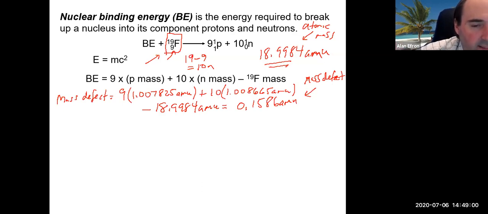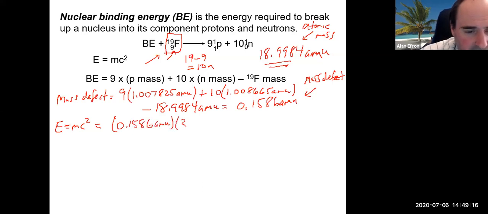So if we wanted to calculate the binding energy, we could take E is equal to mc squared. If we want to do Einstein's equation, this mass defect would be our mass. We would times it by 3 times 10 to the 8 meters per second, which is the speed of light, that's c.